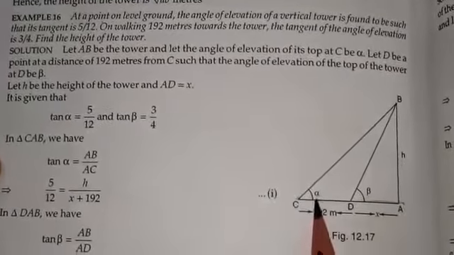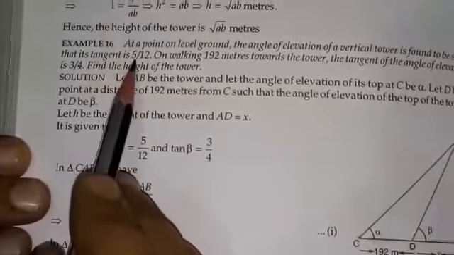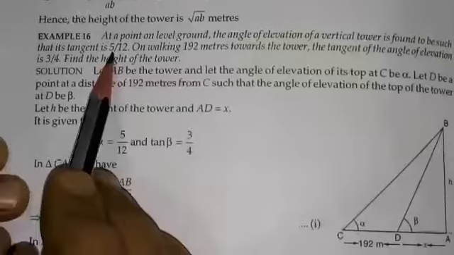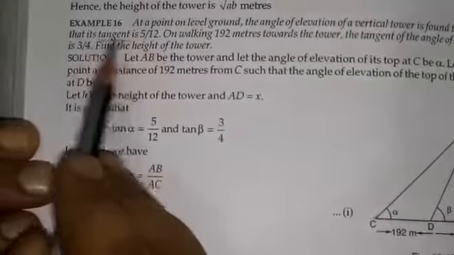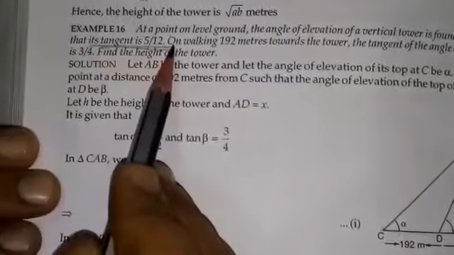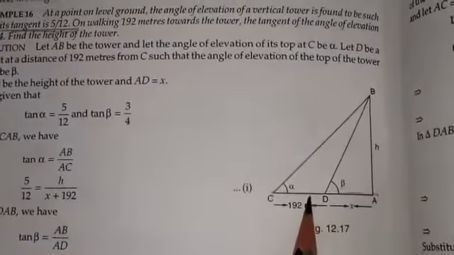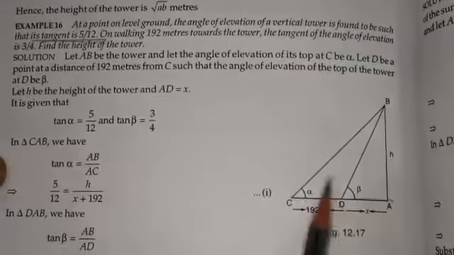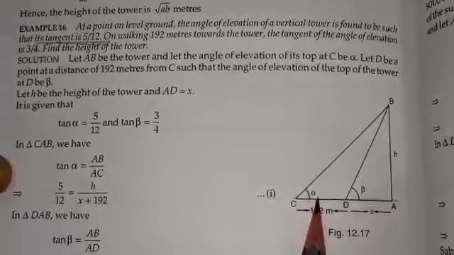But what is given? The tangent of the angle of elevation is 5 by 12. So let the angle of elevation be alpha.